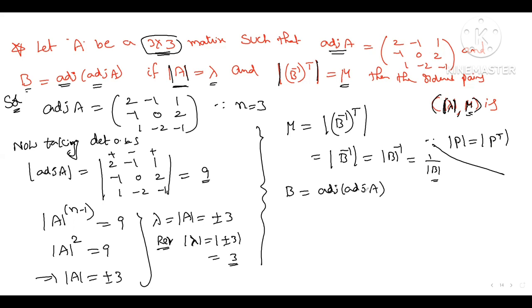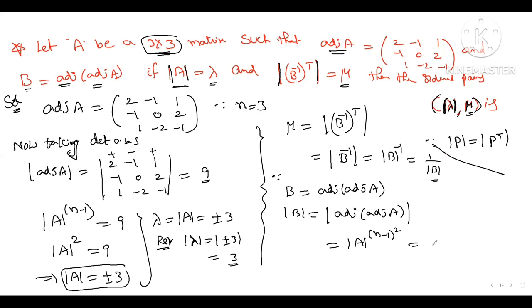Now taking delta on both sides, det B is equal to delta of adjoint of A. Delta of adjoint of A is nothing but delta A power n minus 1 whole square. But the delta A value we got is plus or minus 3, so plus or minus 3 power n minus 1 whole square.